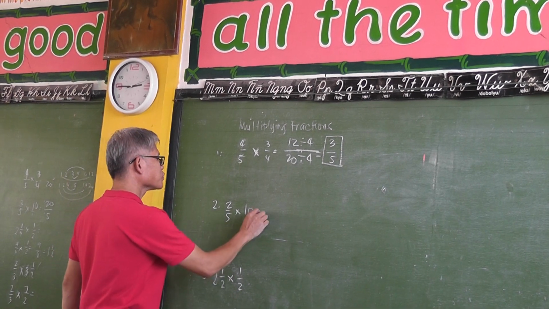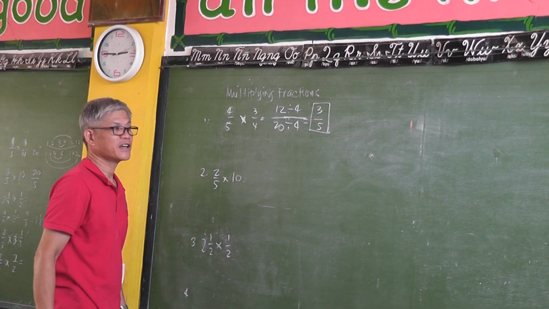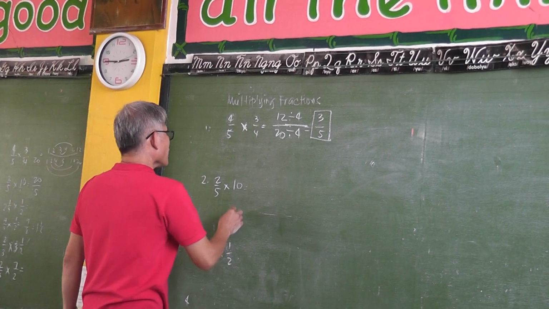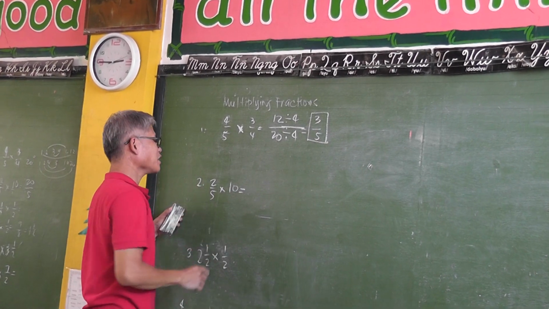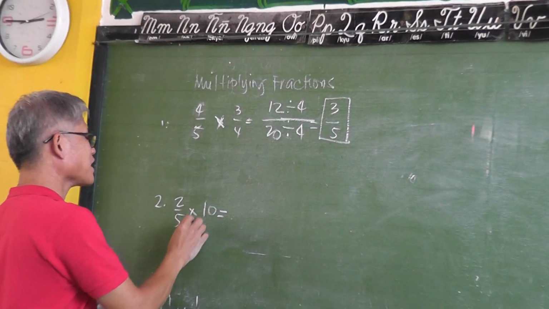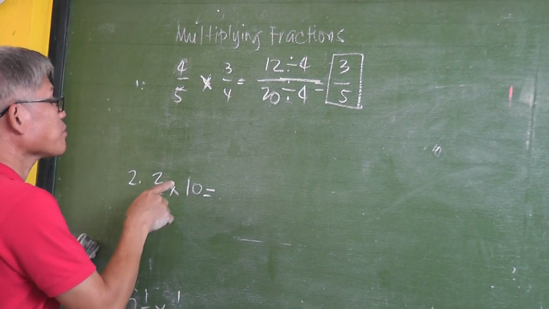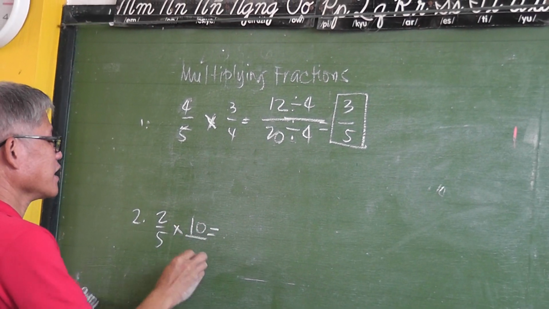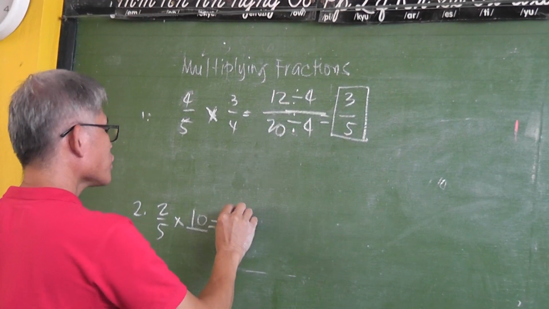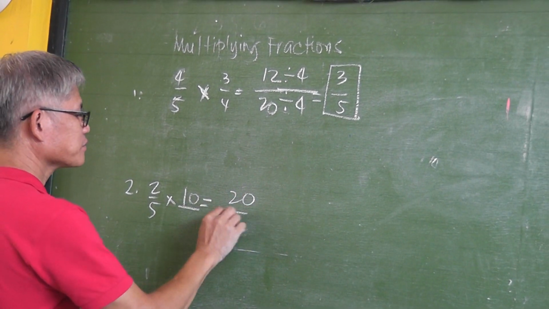Next, we'll go to multiplying a fraction and a whole number. You can directly multiply this by multiplying the numerator by the whole number. 2 times 10 equals 20 over 5.